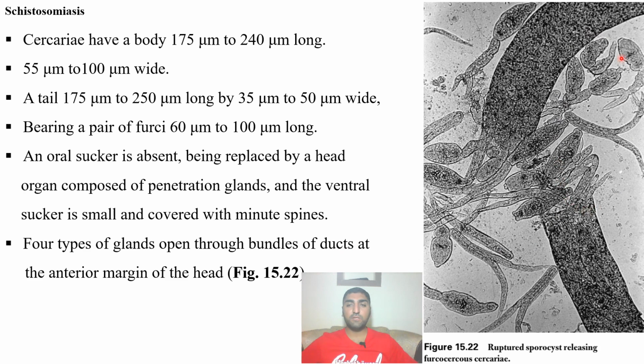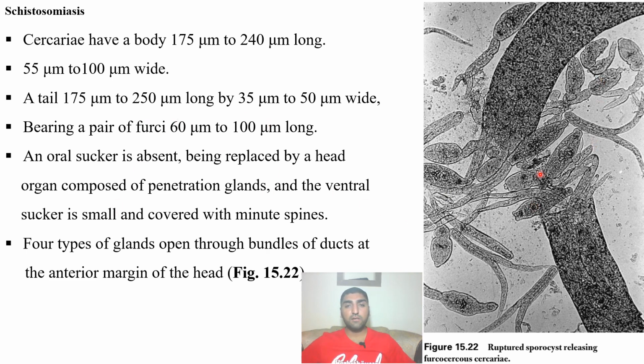This is the mother sporocyst, and when this mother sporocyst is ruptured, these cercariae are released, having this furcocercous tail. That's the furcocercous cercaria. Because of this fork-shaped tail, it is known as furcocercous cercaria. So when the mother sporocyst ruptures, these are ready to be released, and will come out of the snail body into the water, and will reach its next host.